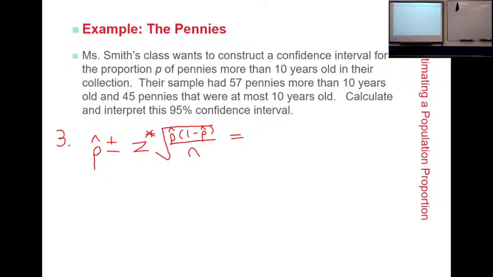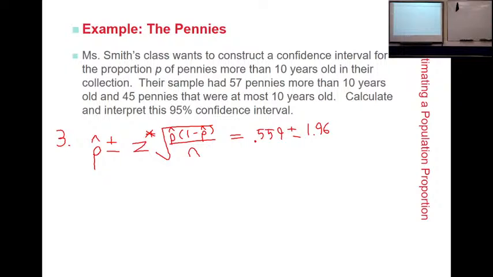Plug in the numbers. Our p hat was 0.559. That's what I'm going to use. 0.559 plus or minus our z-score. We went through a bunch of these getting the z-score, we did a lot of those in the notes yesterday. We actually did it for 95% and figured out that it was 1.96.